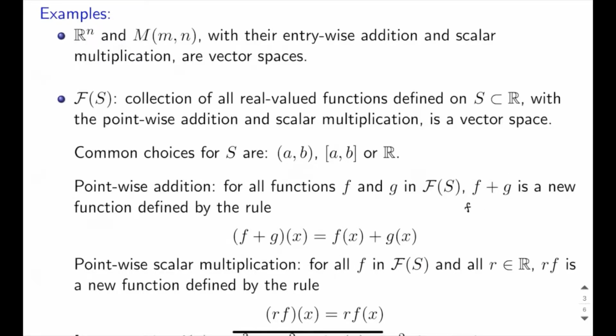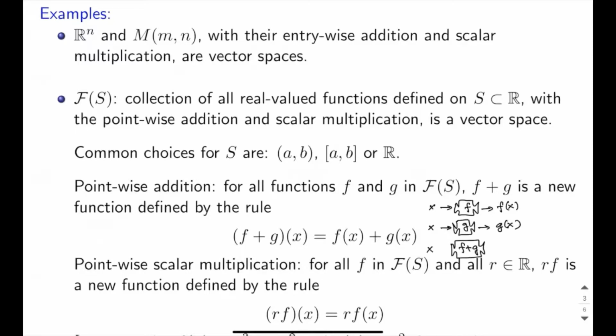So you may have the function f just like a number machine here. If you input an x value, the output is going to give you f of x. You also have a number machine g. When you enter an x, you get the output g of x. Then the function f plus g is a new function.